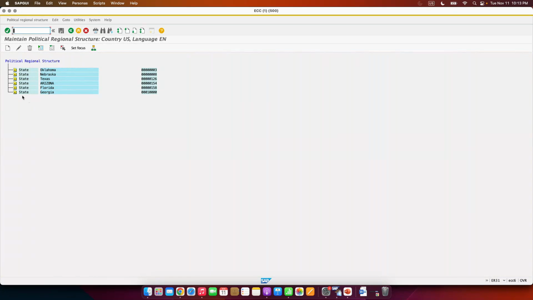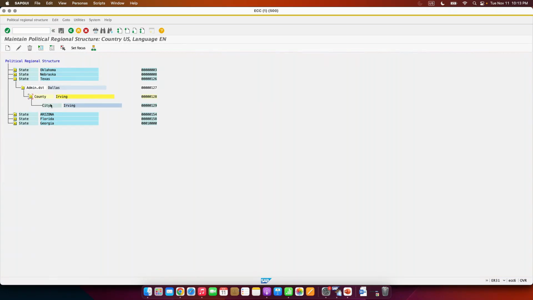Within any state, they'll have administrative districts. Administrative districts will have counties. Counties will have cities and so on and so forth. Very good. So this is called political hierarchy or political regional structure.